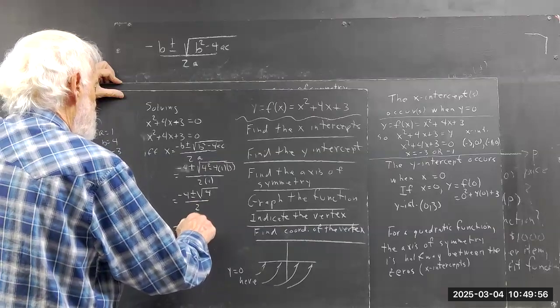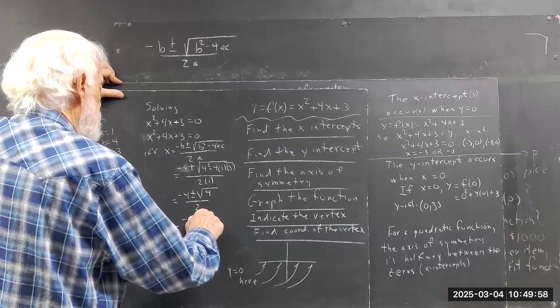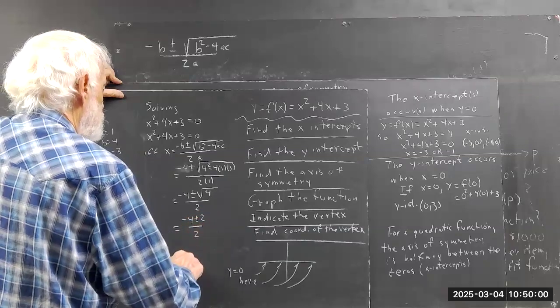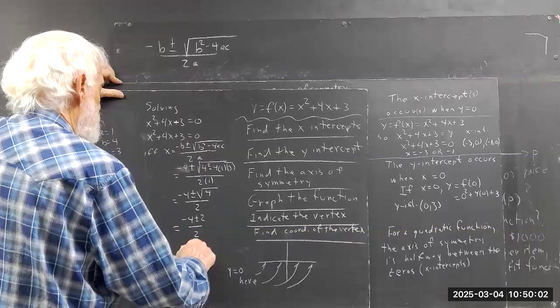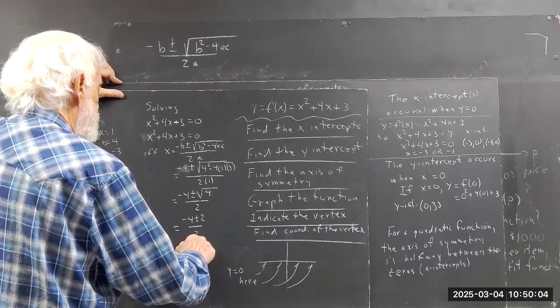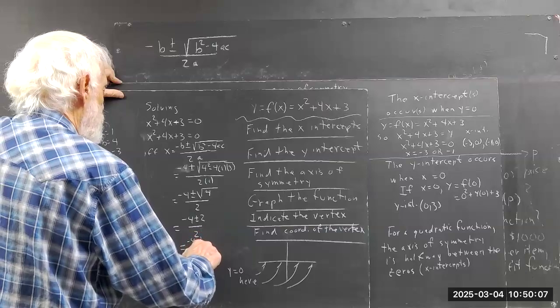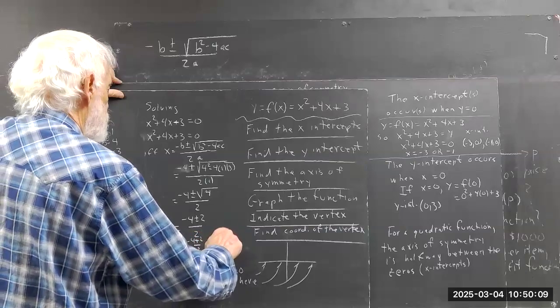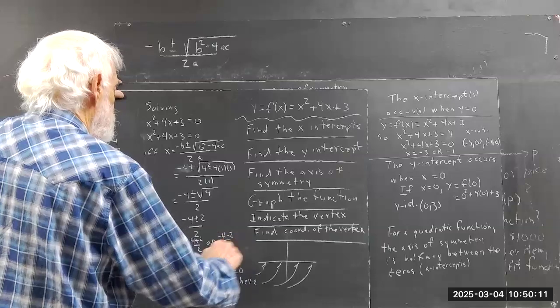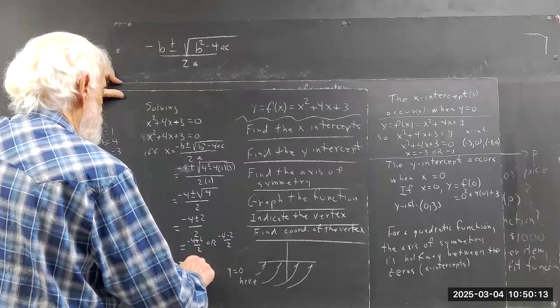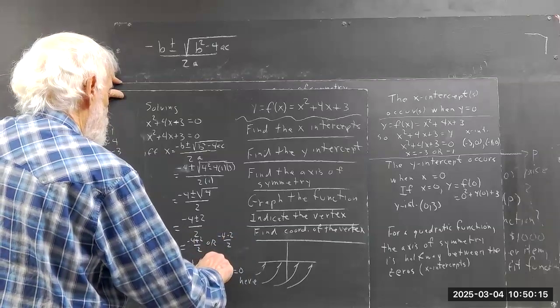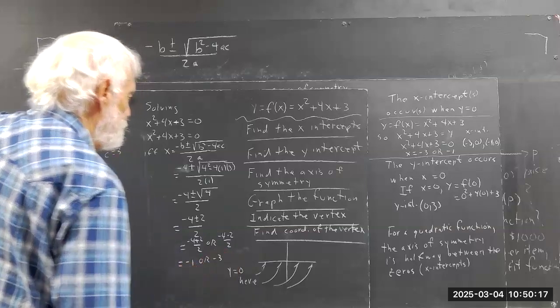which is -4 plus or minus 2 over 2, which is -4 plus 2 over 2, or -4 minus 2 over 2, which is equal to -1 or -3.